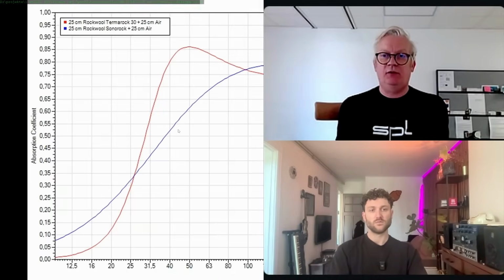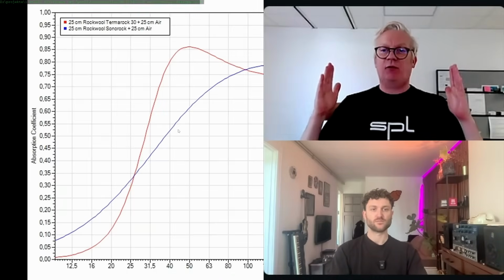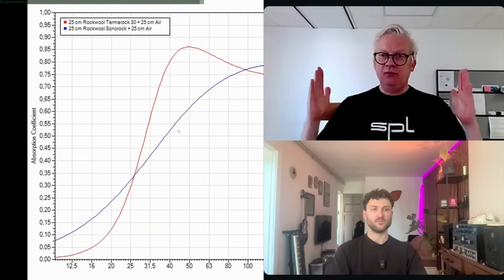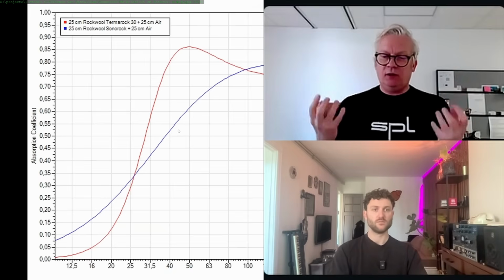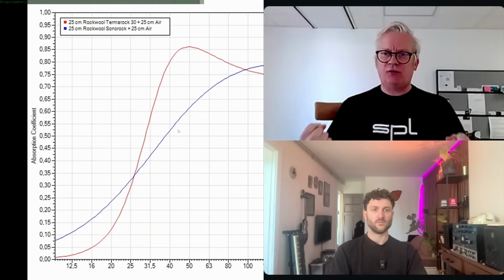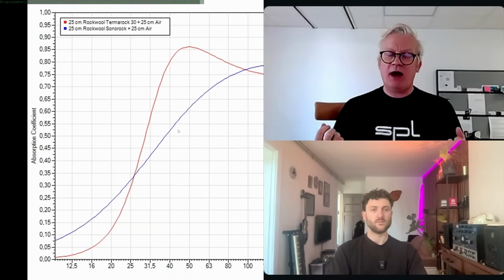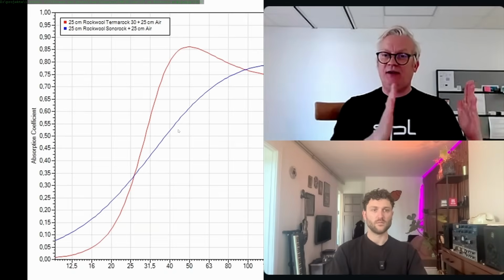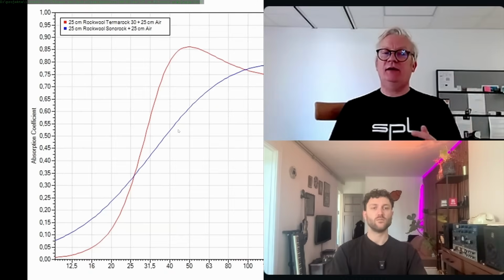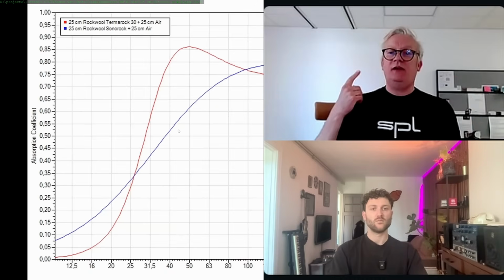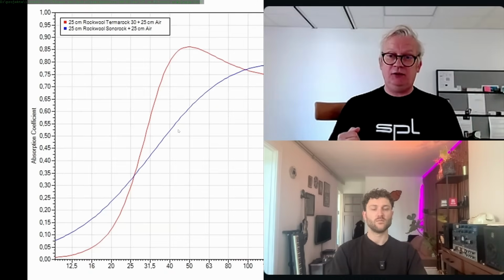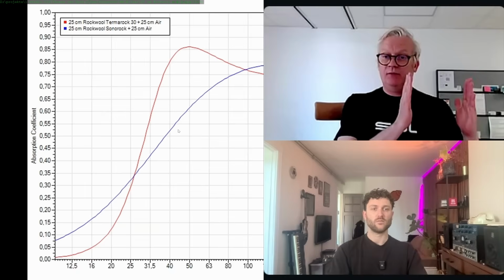Depending on the material used. If the bass trap or the absorber module is too thick and we are using a very good, strong material with high density and a high streaming resistivity, the sound simply cannot pass through. And then it can be an advantage to have some air behind.